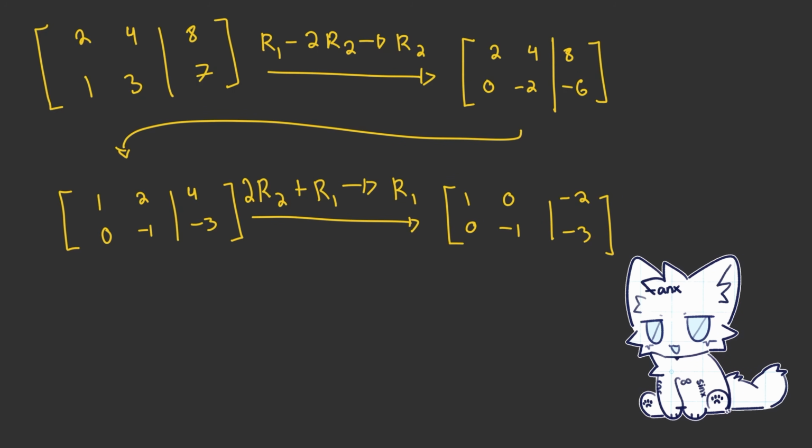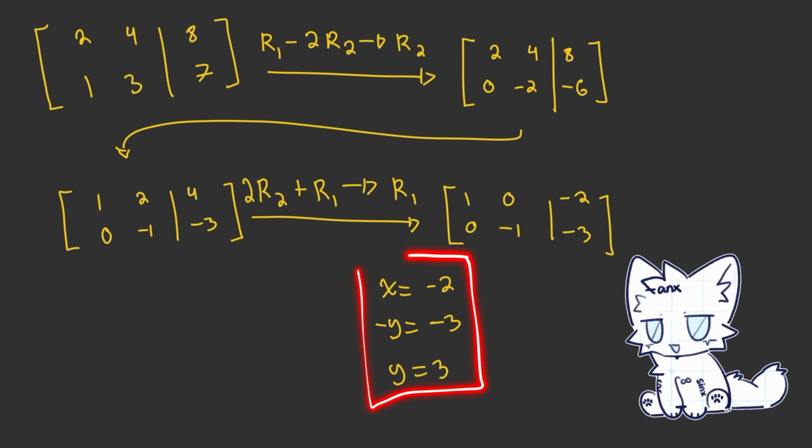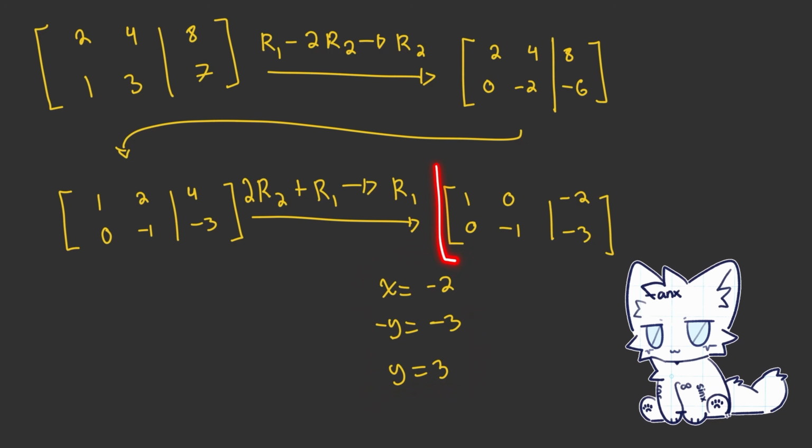So now we can identify that this is x, this is y. X is equal to -2, and -y is equal to -3, which is y is equal to 3.